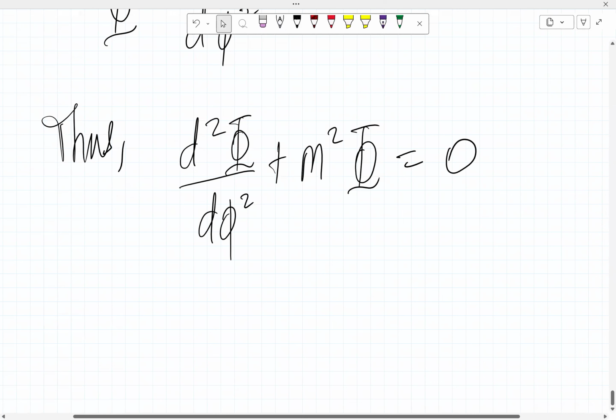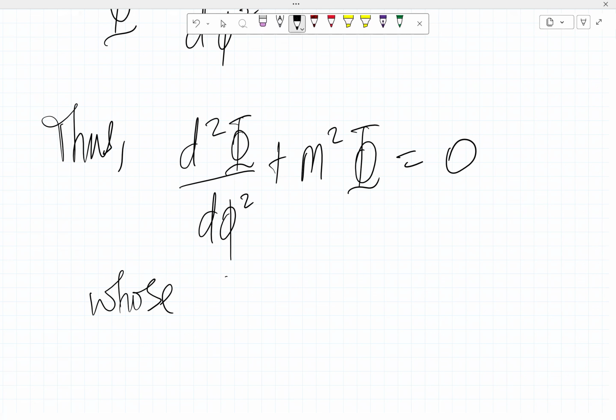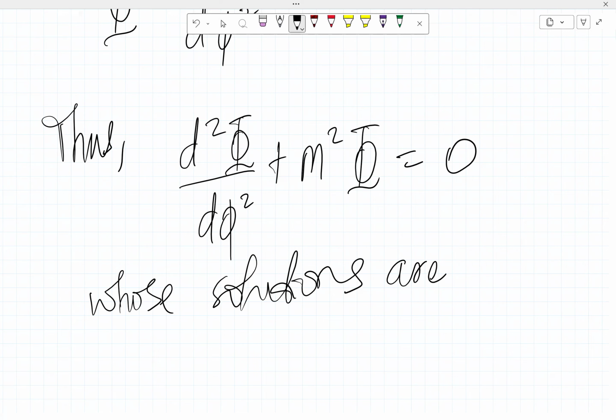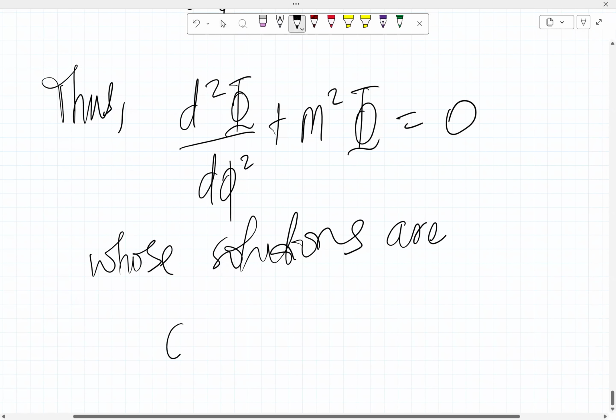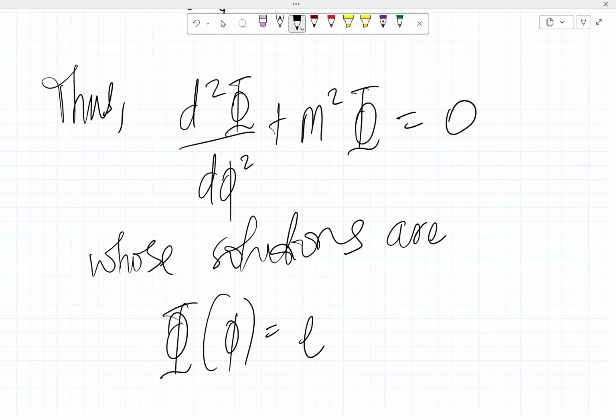This is a differential equation that can easily be solved, whose solutions are big Phi of small phi equal to e raised to the power i m phi.